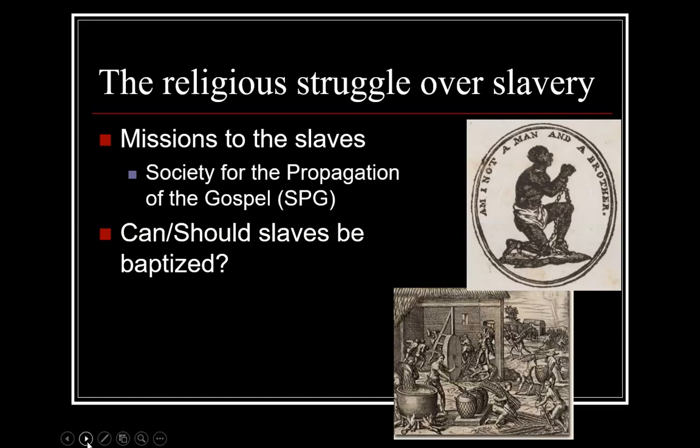And so there was an effort to try and prevent this notion of baptism leading to freedom, even though certainly there were probably some slaves that still hoped that by being baptized, by becoming a Christian, their masters would treat them better.